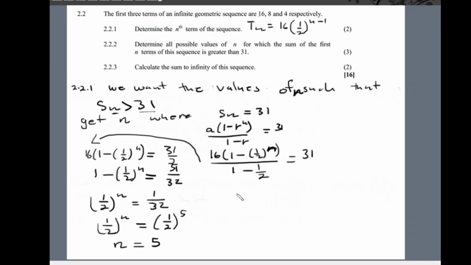So if you substitute 4 for n, you will see that the sum of the first 4 terms is equals to 30, right? So S4 is equals to 30. S5, when you substitute 5, you will find that it's 31, right? So it's 31, right?